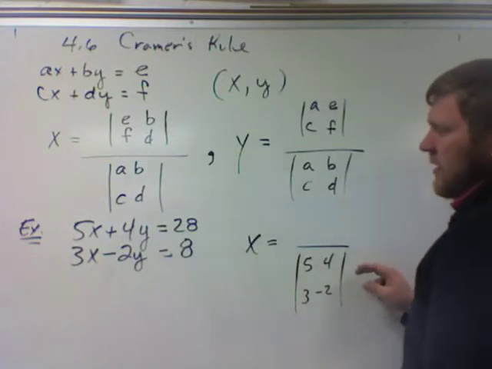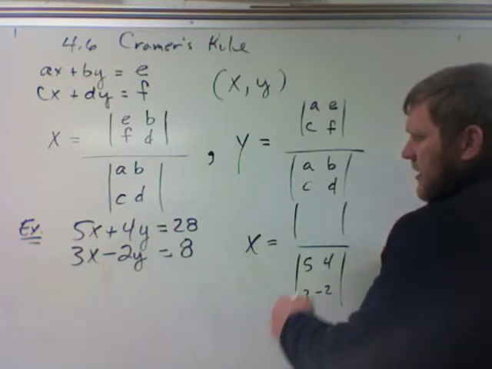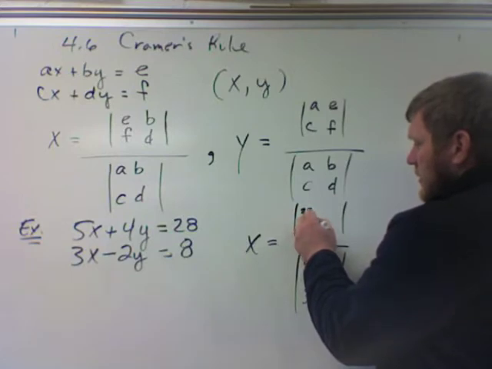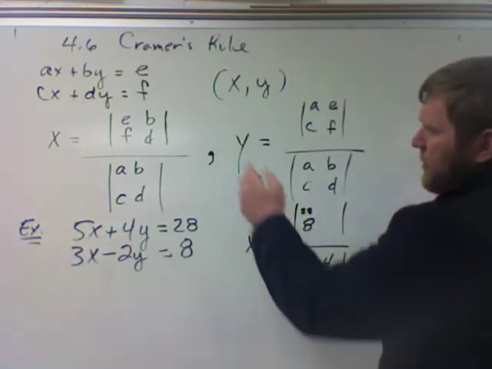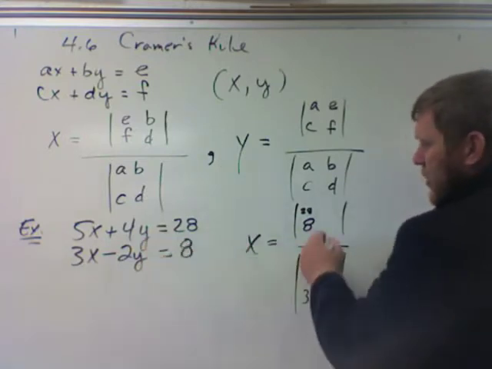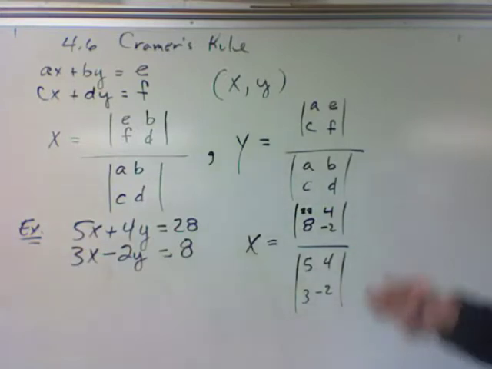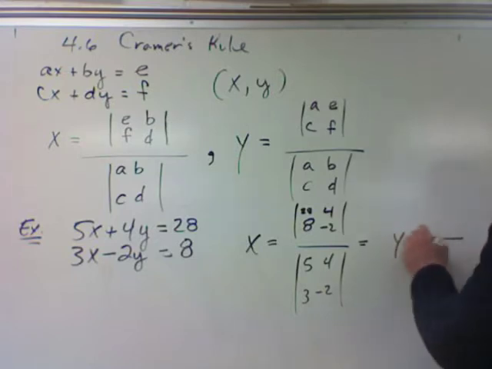Now your top one ends up being your solution column, and then B, D, which would be your y. So I have 4 and -2 here. That's my x value. So I evaluate that. Now I'm going to smush this so I don't lose you off the screen.